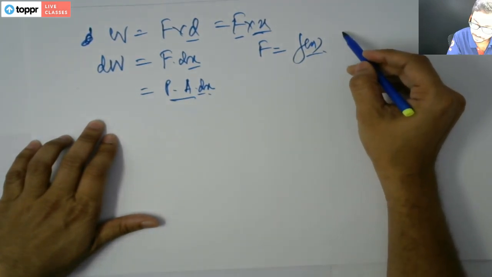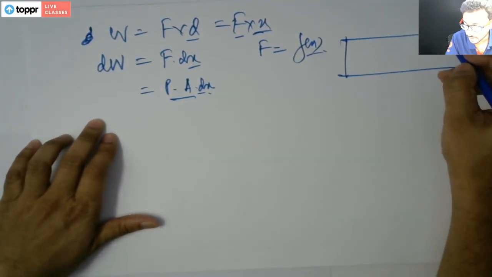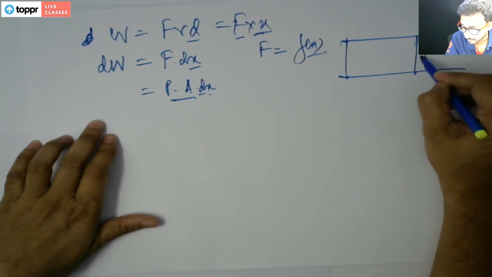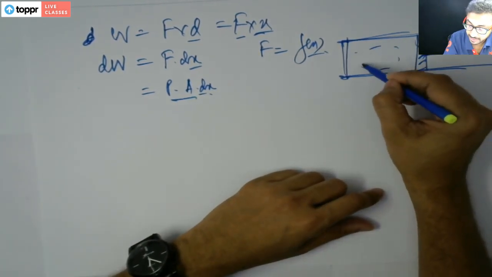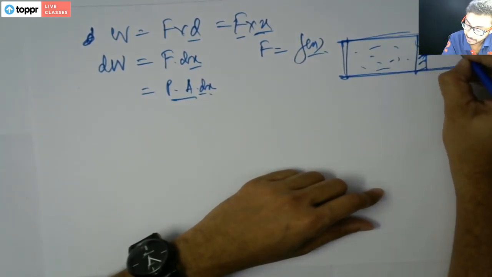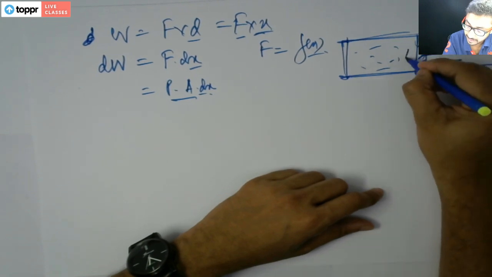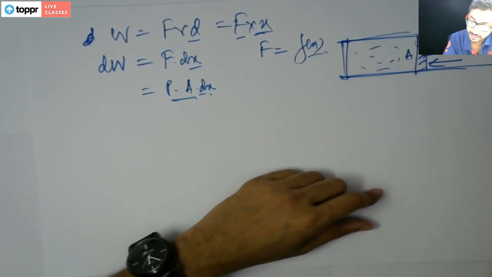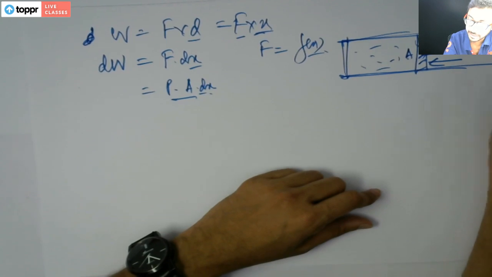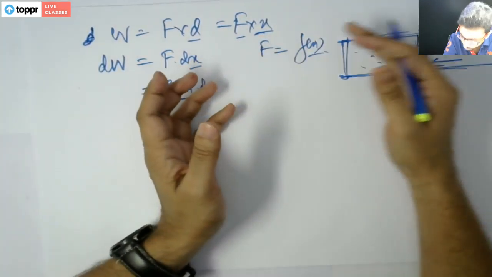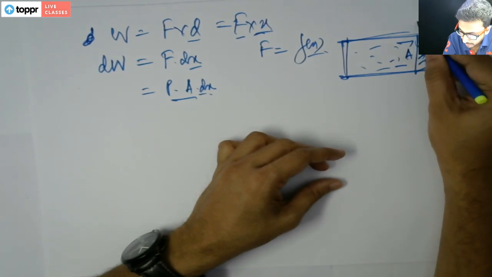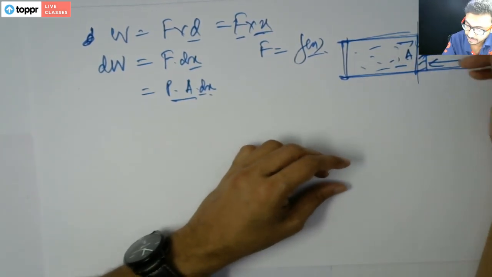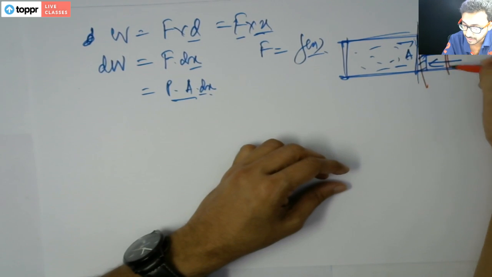Let us try to think of a practical situation. Say there is a cylinder and there is a piston. It has some gas. The piston has area A. Because of this gas, some pressure P is applied, and the gas is also pushing with the internal pressure P, and slowly the piston is moving from this place to this place.